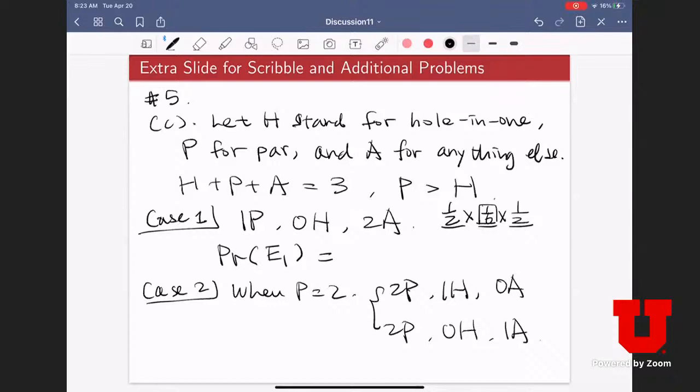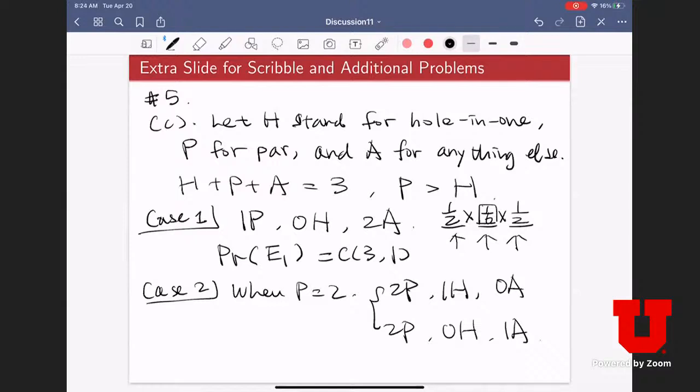So how many ways can you place these numbers? Three, which is the same as 3 choose 1.